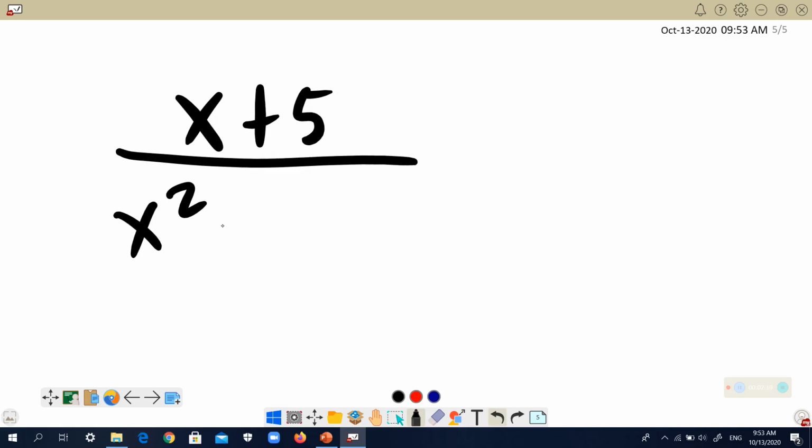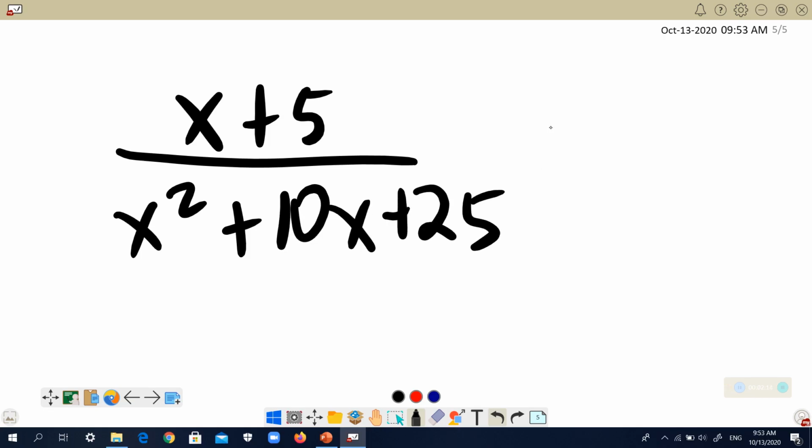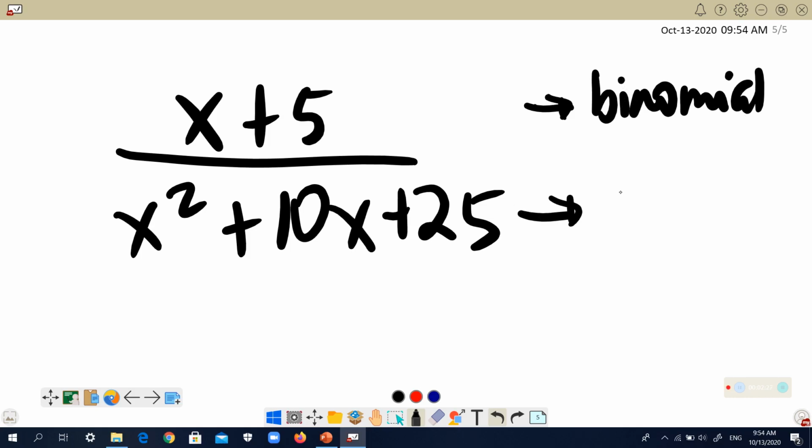Next, if we have x plus 5 all over x squared plus 10x plus 25, it is also an example of RAE. Why? Because our numerator is a binomial and our denominator is a trinomial.